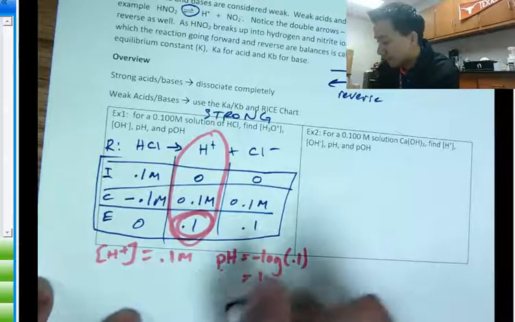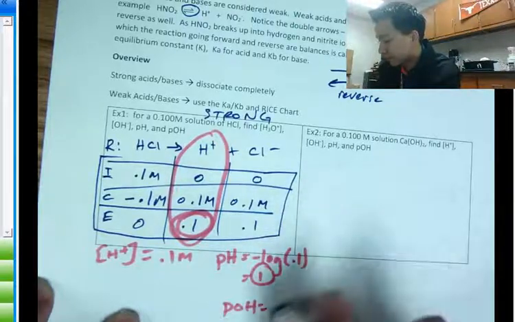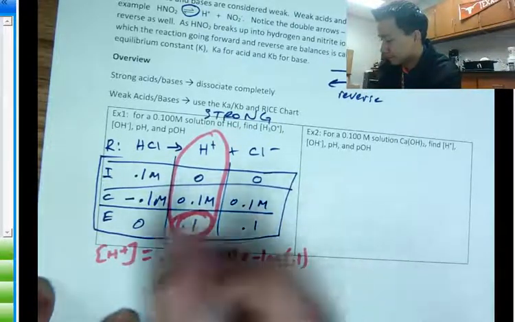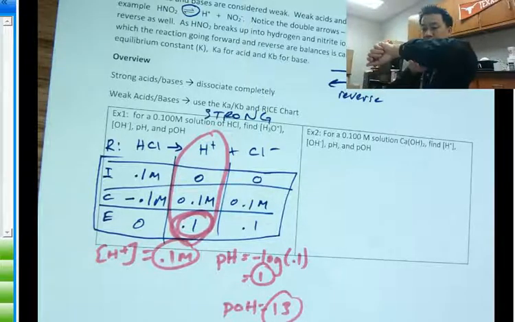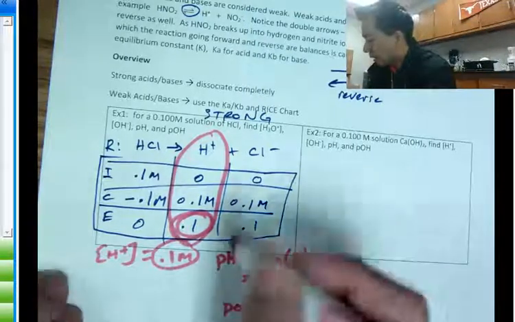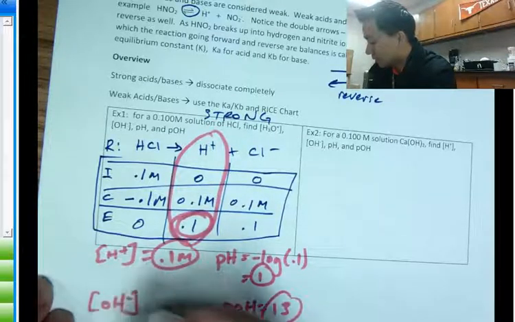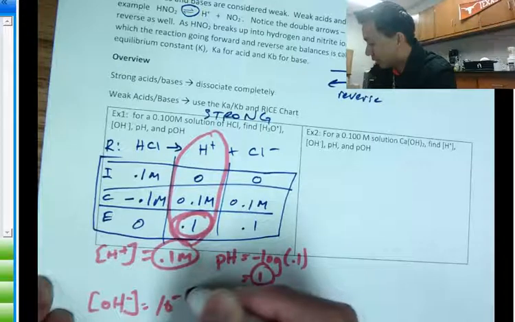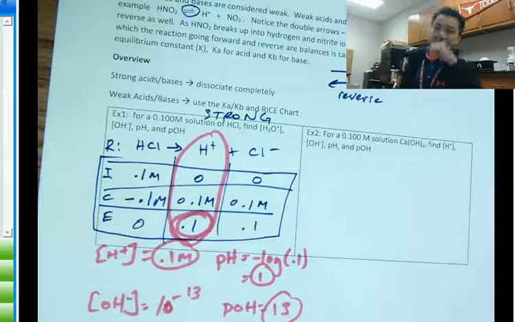With that, we know that pOH is 14 minus 1, that's 13. And the last one, OH is 10 raised to the negative pOH, which is negative 13. And that's how you do that.